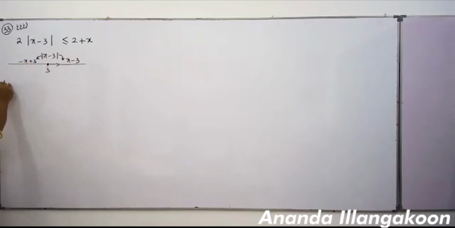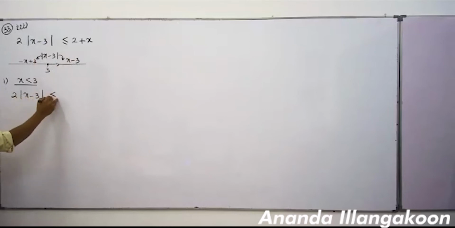This one, first one, x less than 3. This inequality I'm going to write: 2 times mod x minus 3 less than or equal to 2 plus x.